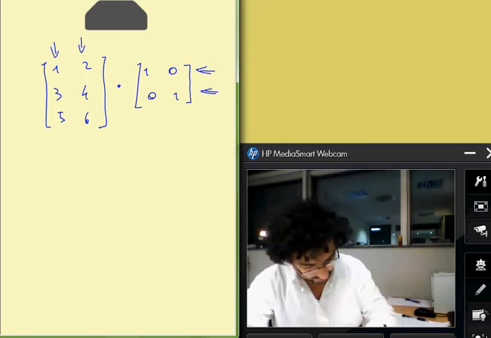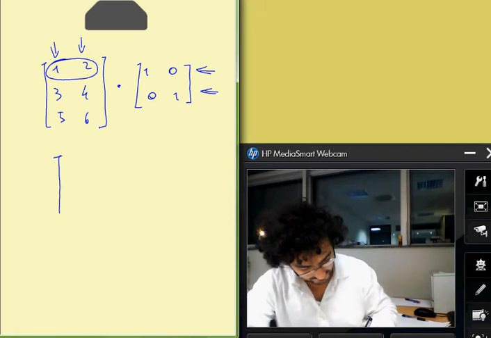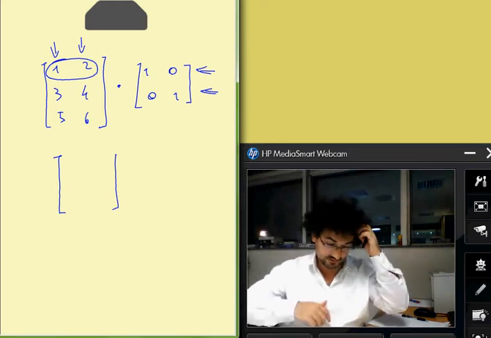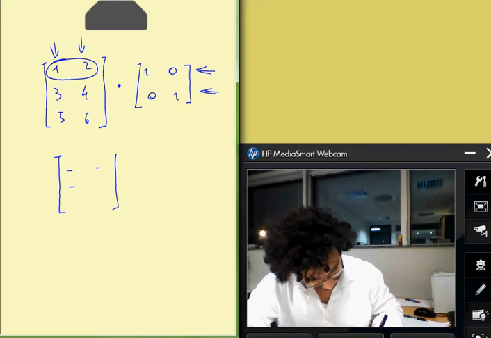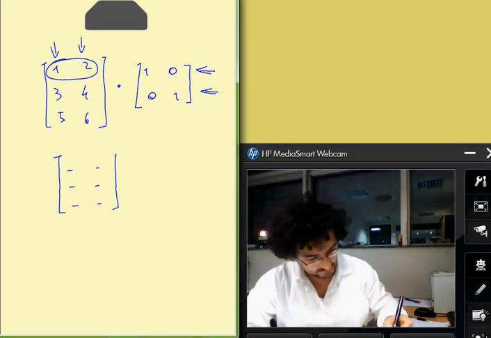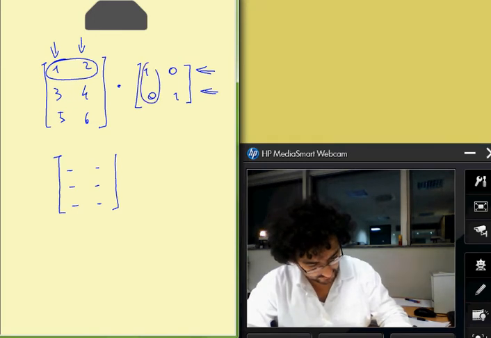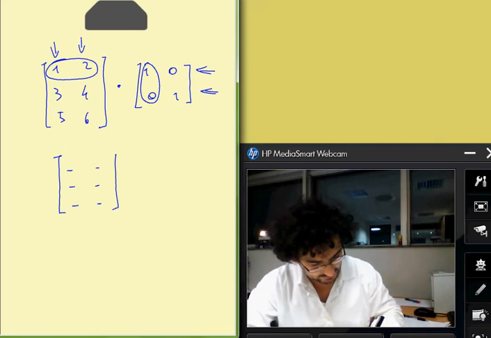If we perform this operation, the final result will be a matrix with the number of rows of the first matrix, so 3 rows, and 2 columns, the number of columns of the second matrix. In order to compute these elements, we consider the first row and the first column: 1 times 1 plus 2 times 0, which is equal to 1.